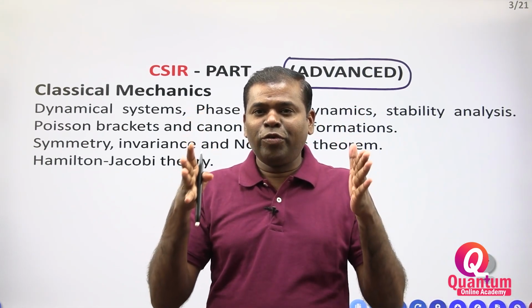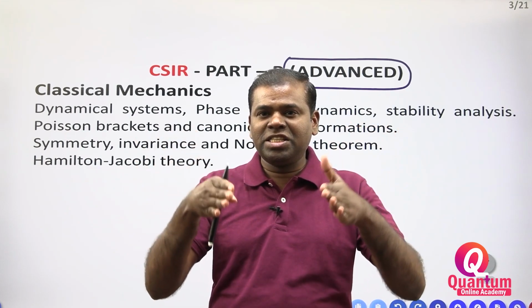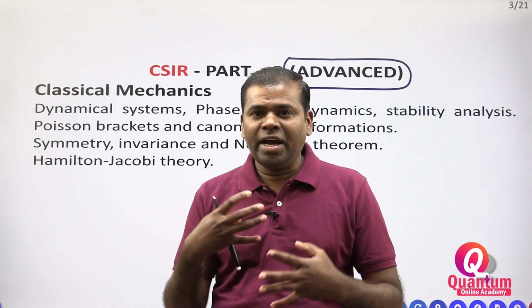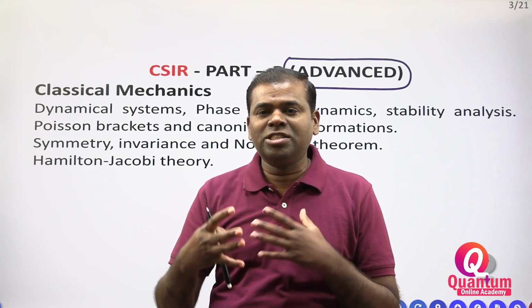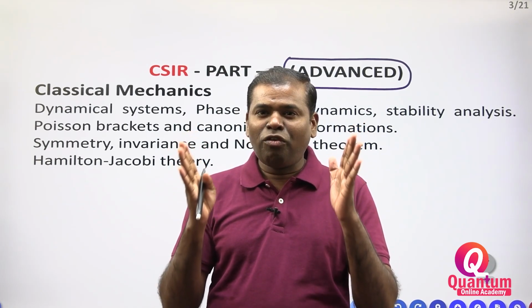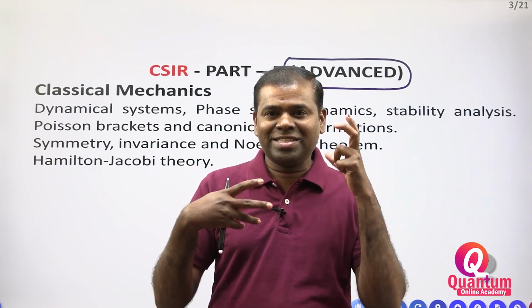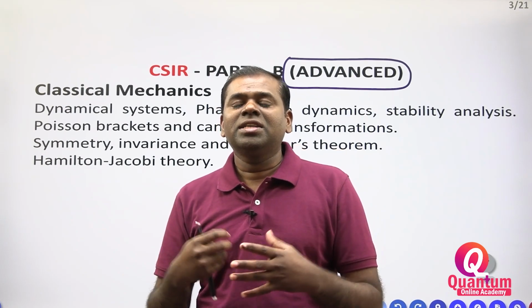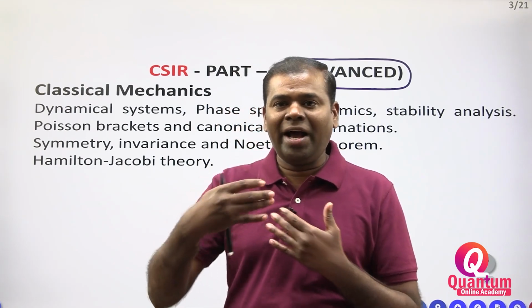You should have a great orientation to teach undergraduate and postgraduate students. That's why they want to analyze your skills, and that's why the standard of questions is advanced, somewhat high, right?